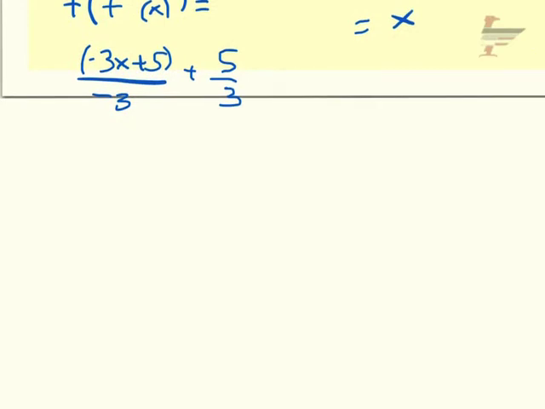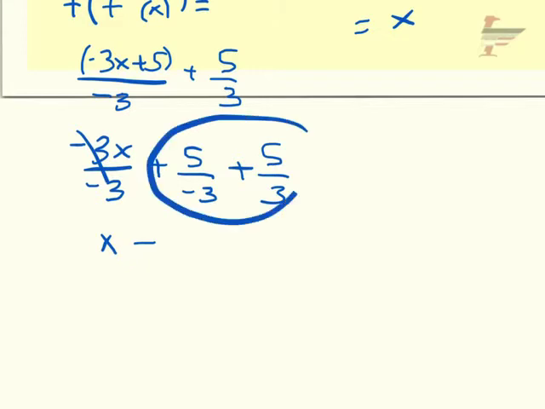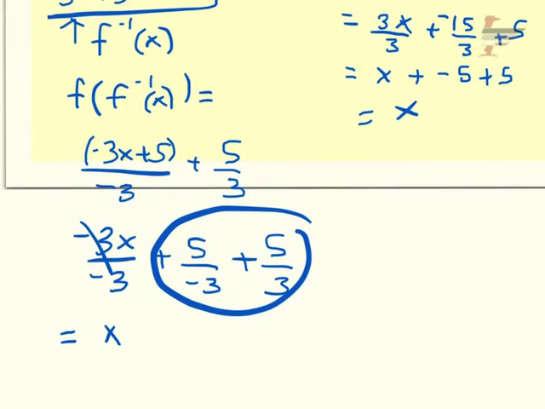Okay, so this I'm going to rewrite as -3x over -3 plus 5 over -3. So I just wrote both of those over -3. That cancels out to x, and these cancel out, so it equals x. So now remember, when you verify, it means to show that both of these compositions equal x.